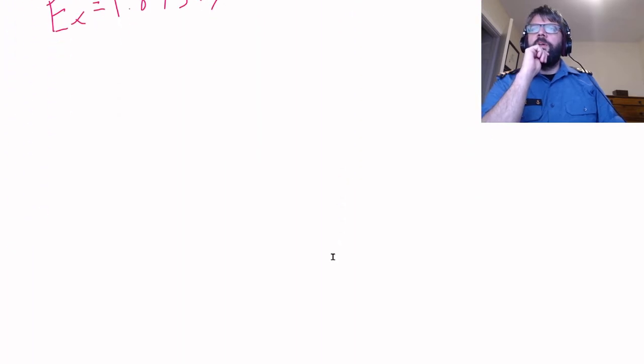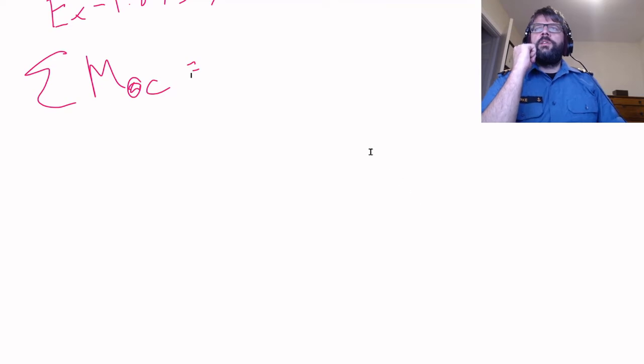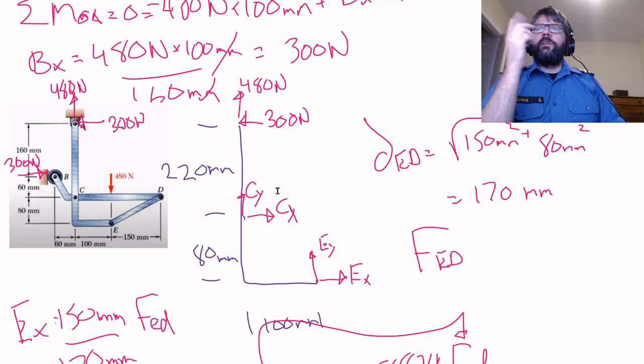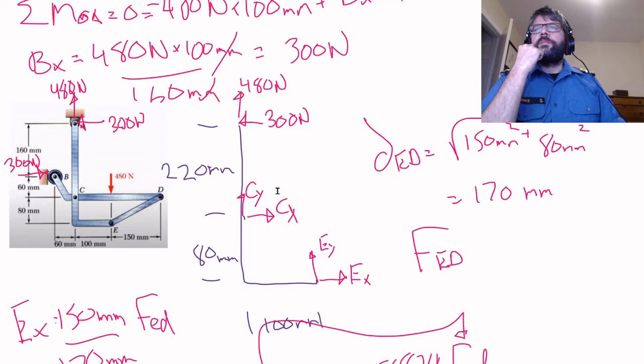So, sum of the moment about C. Looking at our forces here, the 480 Newton force has a line of action that passes through C, so it doesn't contribute to any moment, as do CY and CX, obviously.